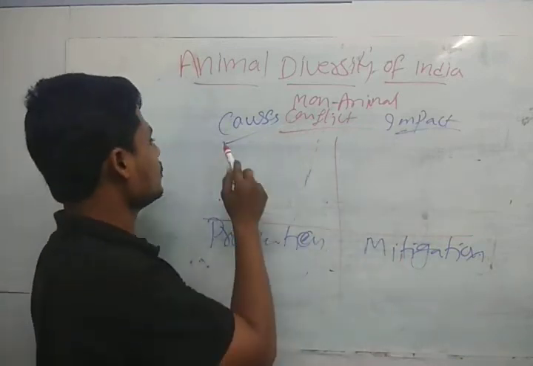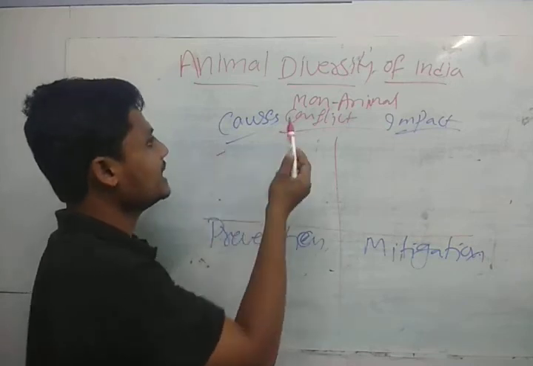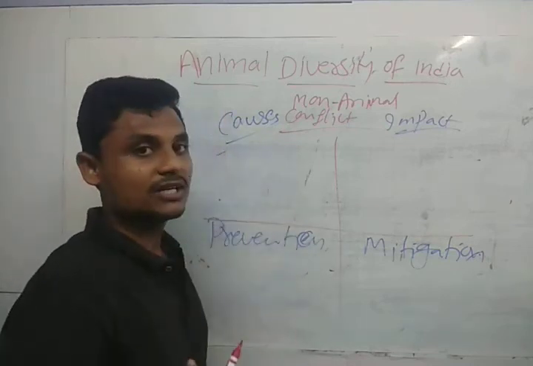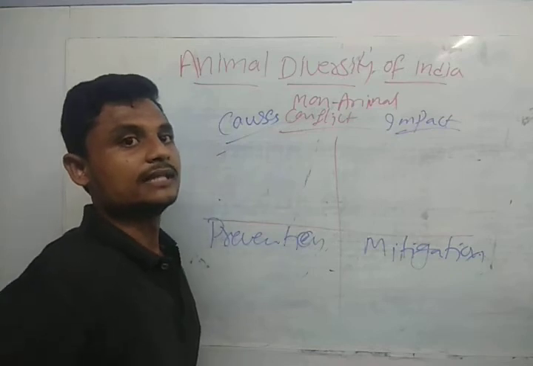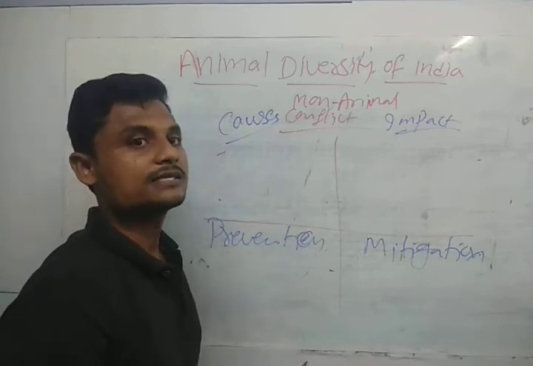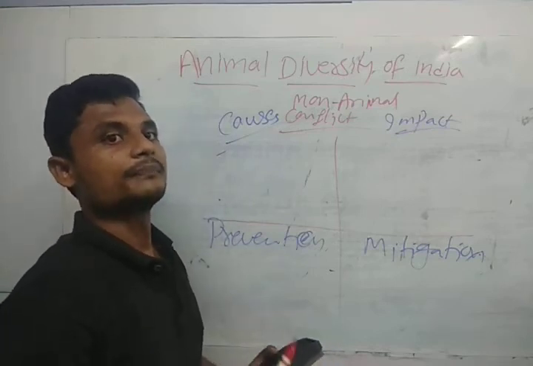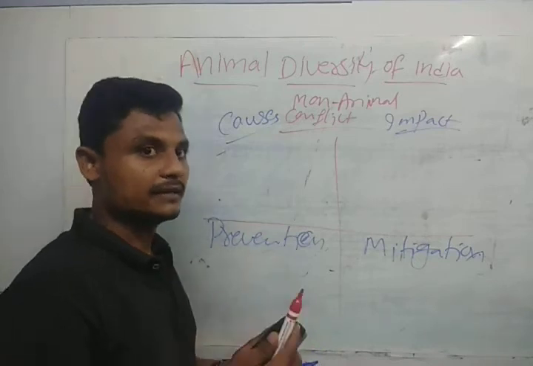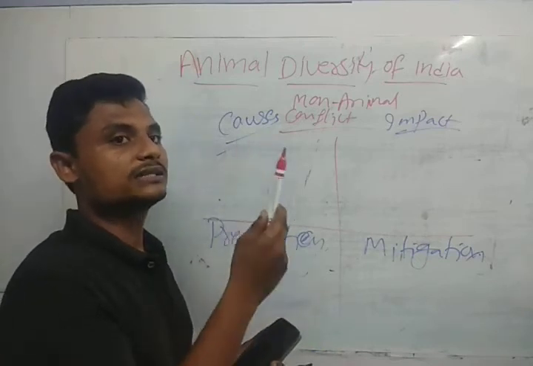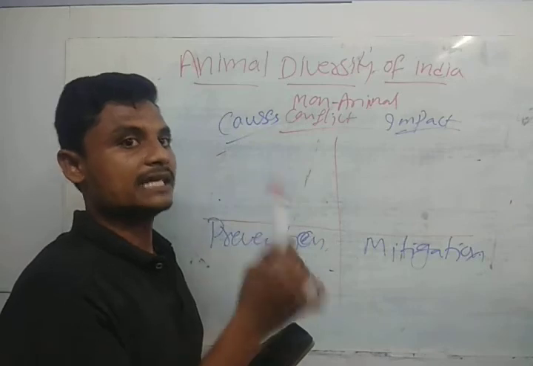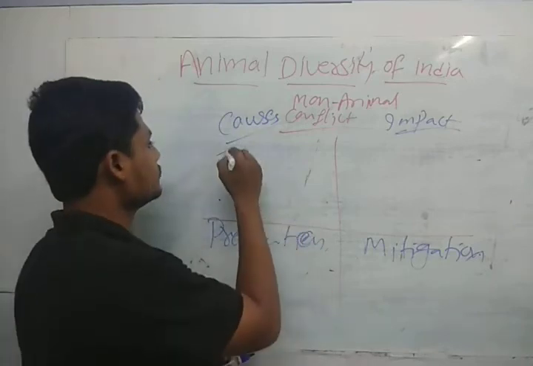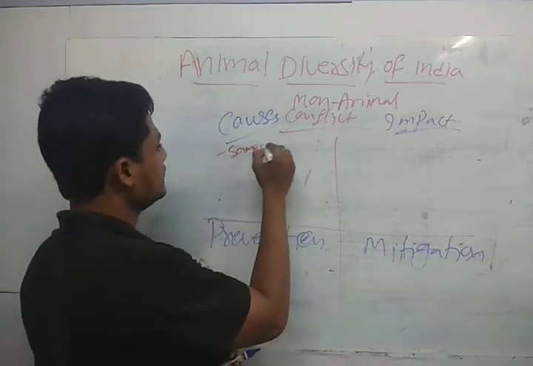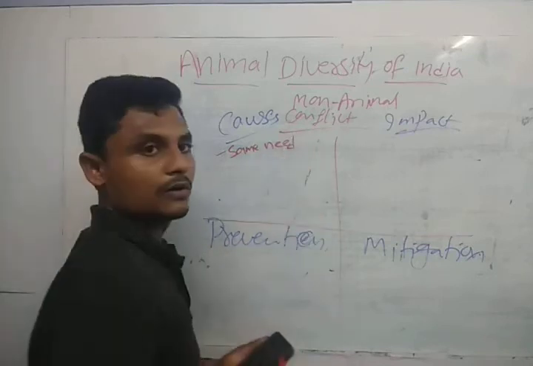Now we need to see what the causes of the man-animal conflict are, guys. The first and foremost cause, as I said, is the same need. If both the man and the animal have the same need, then we have conflict.